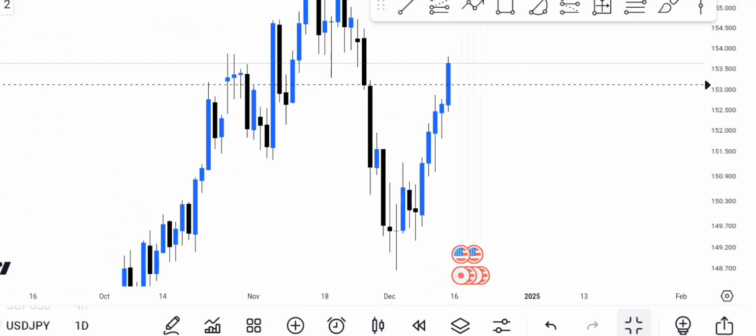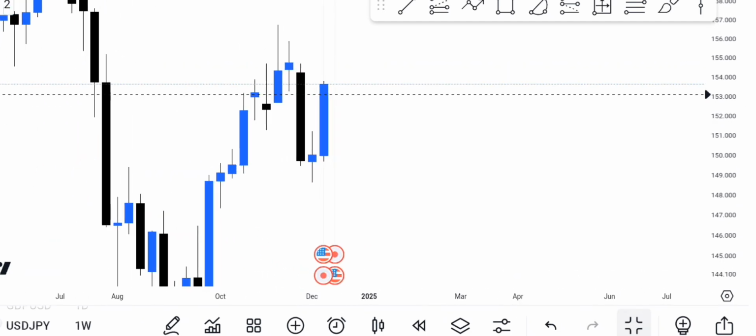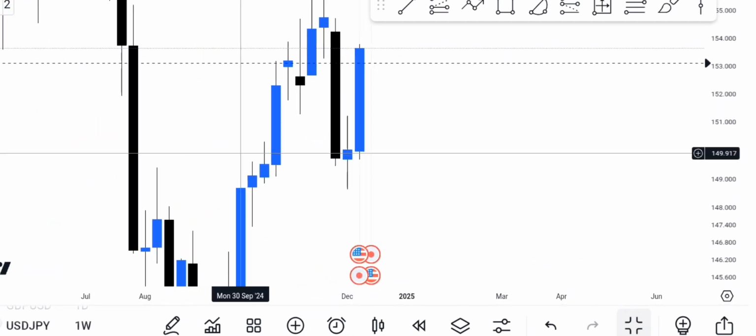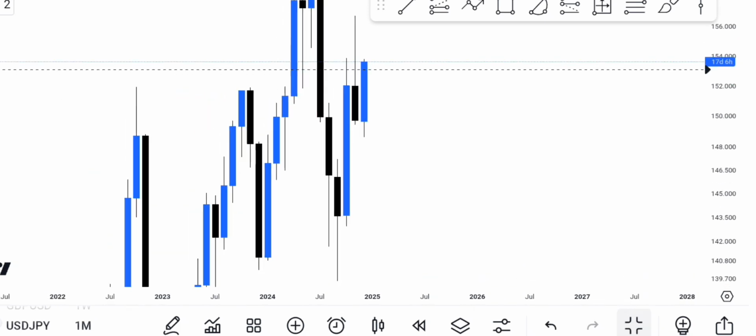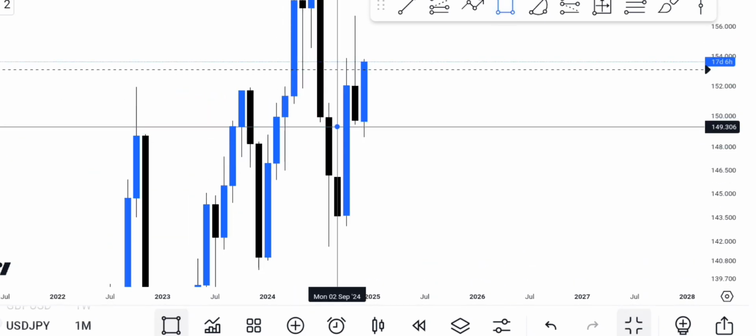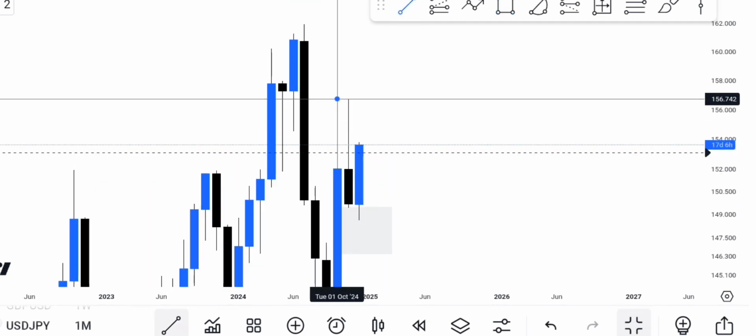Okay, so in this scenario, let's move on to the weekly time frame. On the weekly time frame, let's check out monthly first. We can see price just tapped this monthly fair value gap. So what will be our draw on liquidity? This swing high, right?